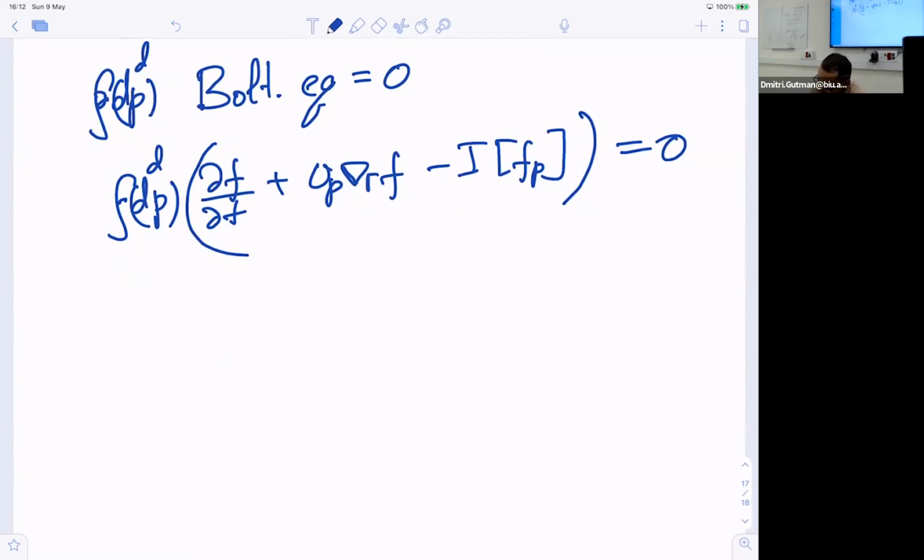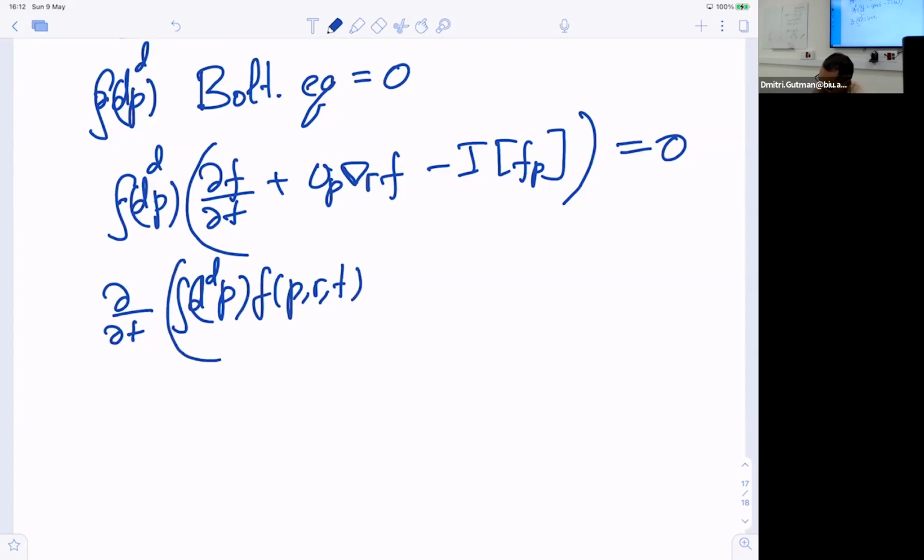Then the first term, I can obviously switch the order of integration and differentiation. Therefore, I'm getting d over dt of the integral over dp of f of p, r and t. Then there's a second term, which is a gradient of an integral of v_p f.